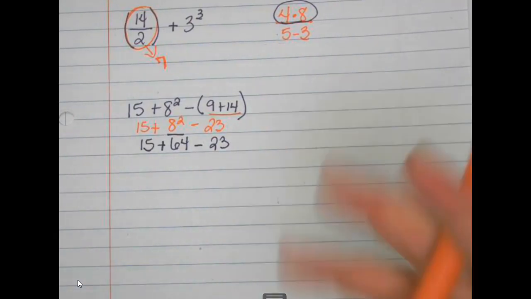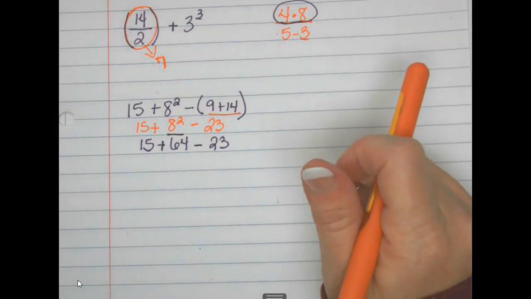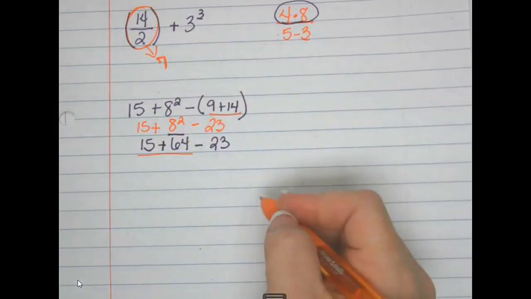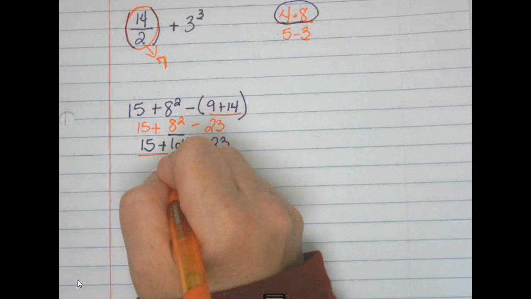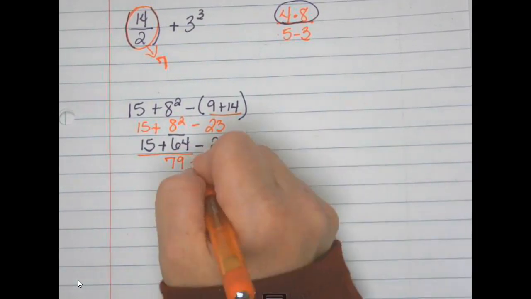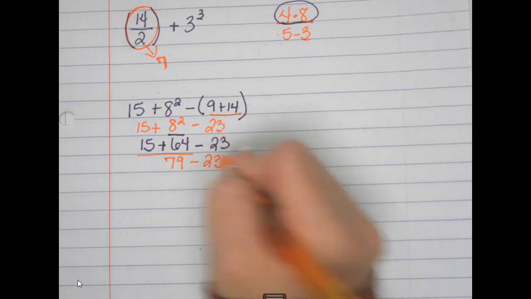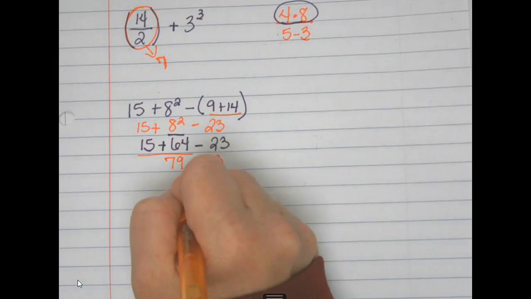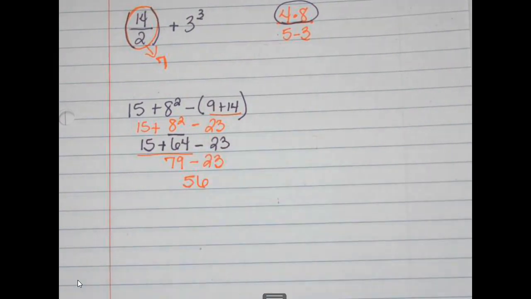So now the next step is 15 plus 64, which is 79. Minus 23 gives me 56.